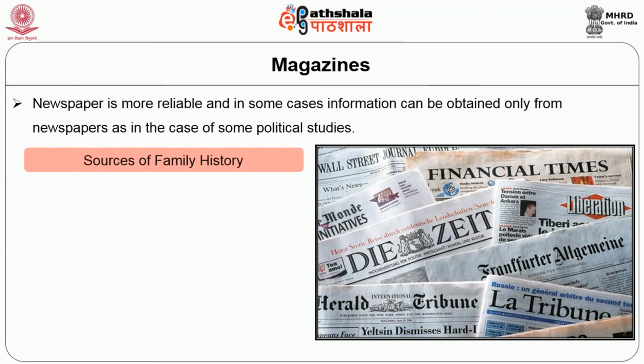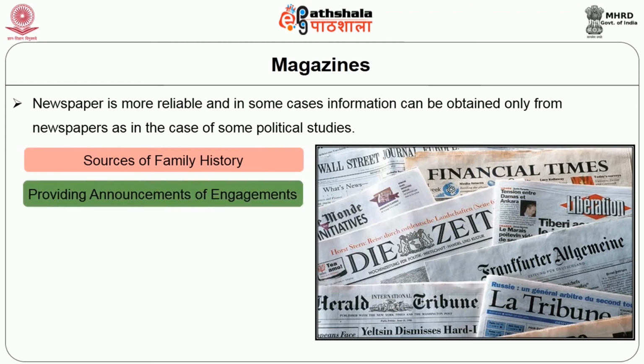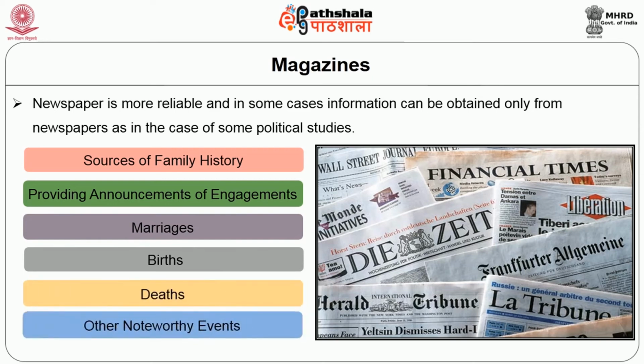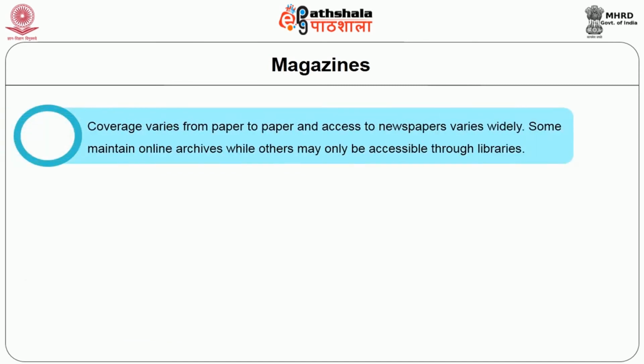Newspaper notices. Newspaper can be a valuable source of family history, providing announcements of engagement, marriages, birth, death and other noteworthy events. Coverage varies from paper to paper and access to newspapers varies widely. Some maintain online archives while others may only be accessible through libraries.